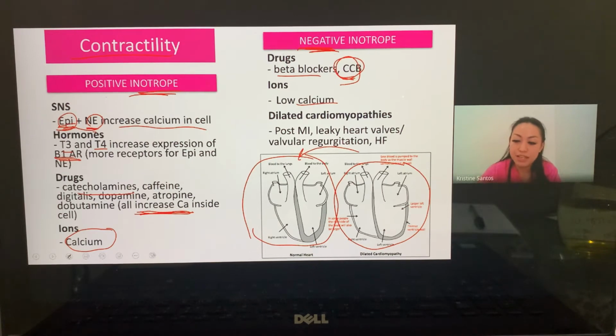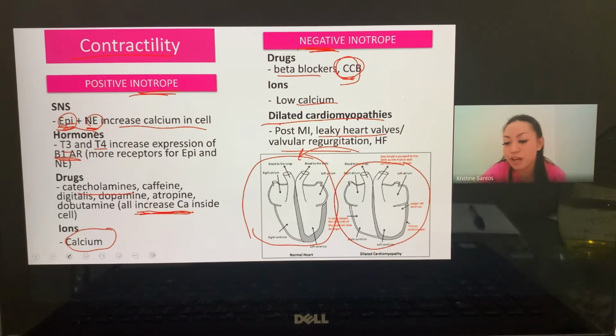So this happens in things like, this is dilated cardiomyopathy. This happens when we have leaky heart valves or valvular regurgitation. Valvular regurgitation means that the valves are not closing properly. The valves should close properly to prevent backflow of the blood.